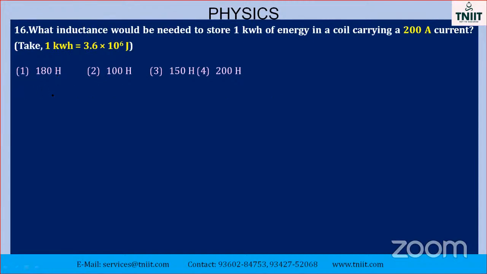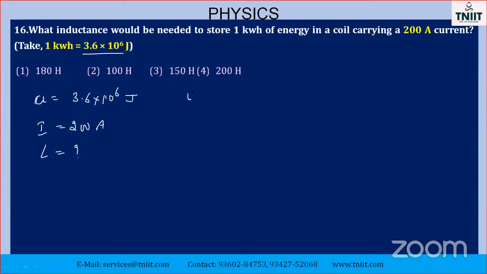What inductance would be needed to store 1 kilowatt hour of energy in a coil carrying a current of 200 ampere? So energy is given in the coil. 1 kilowatt hour means 3.6 into 10 power 6 joule. The current is 200 ampere. Inductance L they are expecting.